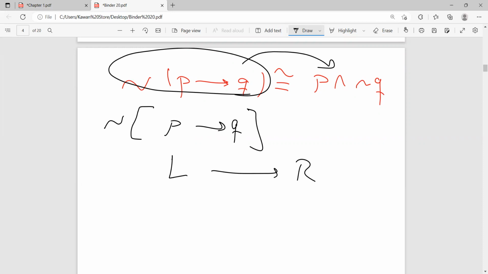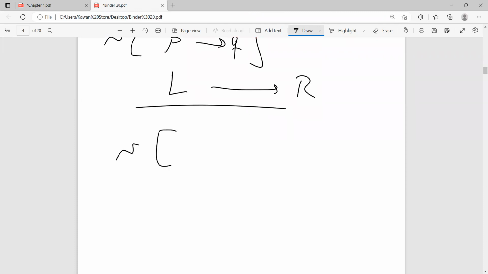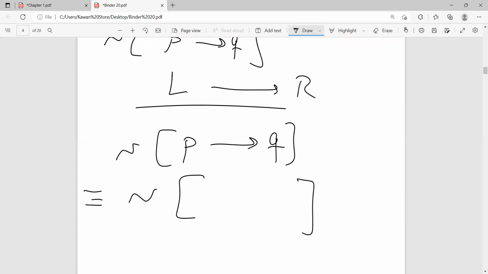Al-Muhim, you get it. So I say negation of P implies Q is equivalent to negation of... I'm just breaking the if and then. If then, how do we break it? If you have such a thing, you can say it is equal to negation of P or Q. That's the rule. Understood? Good.